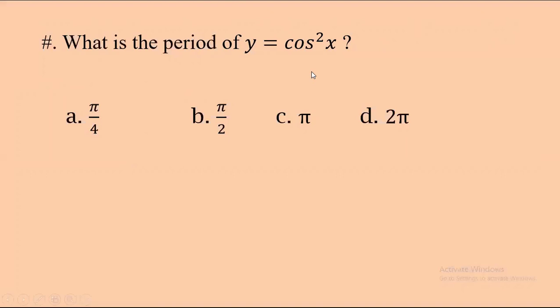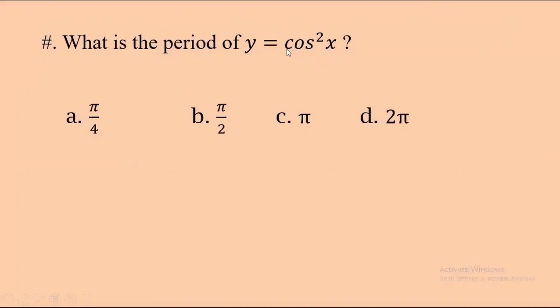Okay, the way we found the period of cos 2x, that is coefficient of x, we will calculate the same way. We will consider this power as coefficient of x. That is the way we calculated cos 2x. We divided by 2.